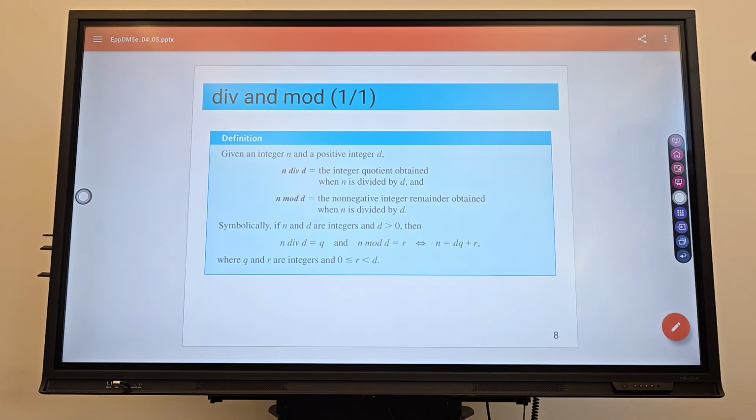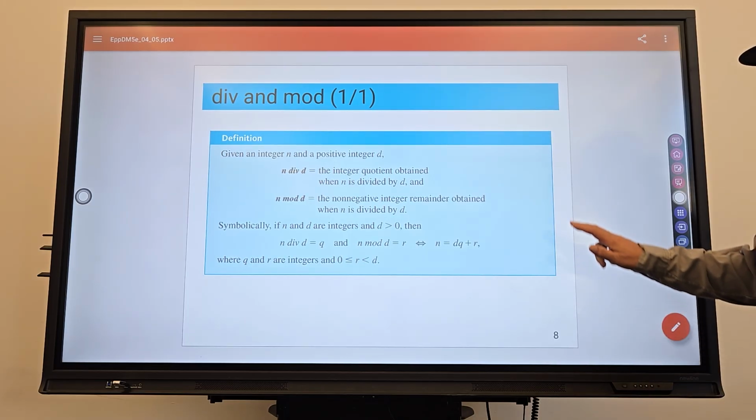Symbolically, if n and d are integers and d is greater than 0, then n div d equals q and n mod d equals r if and only if n equals dq plus r, where q and r are integers and r is greater than or equal to 0 and less than d.